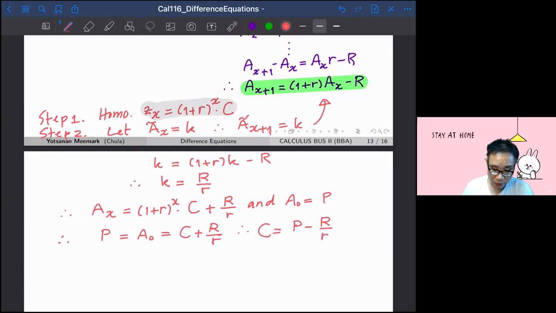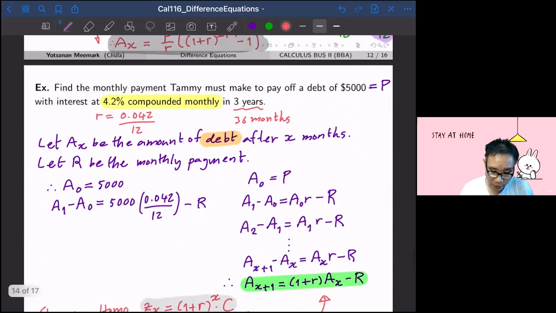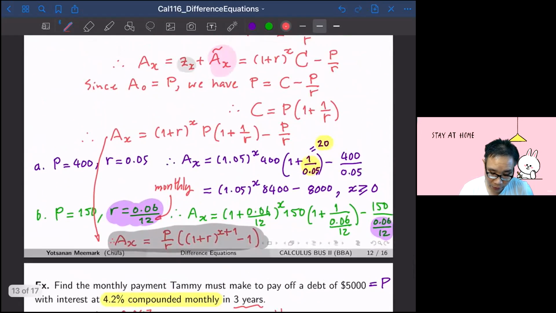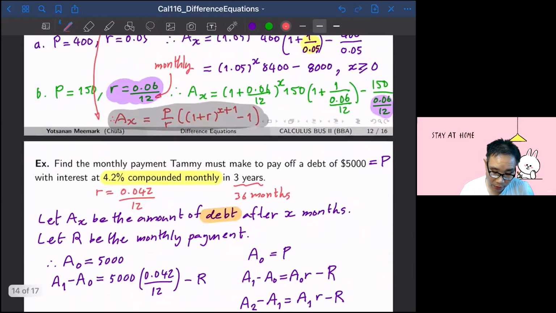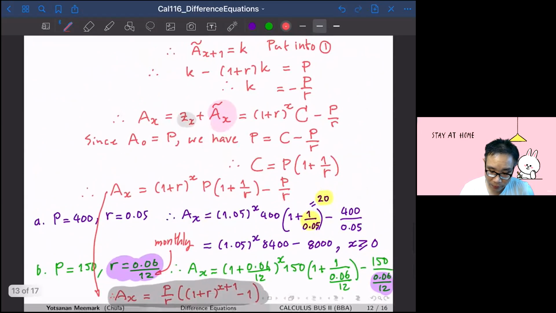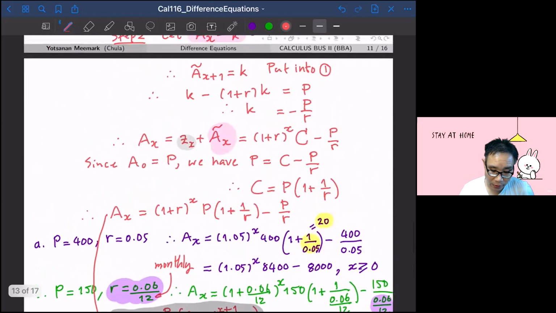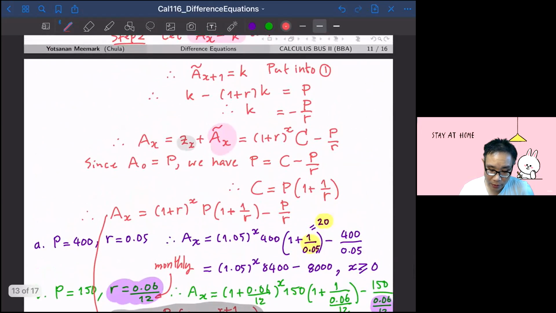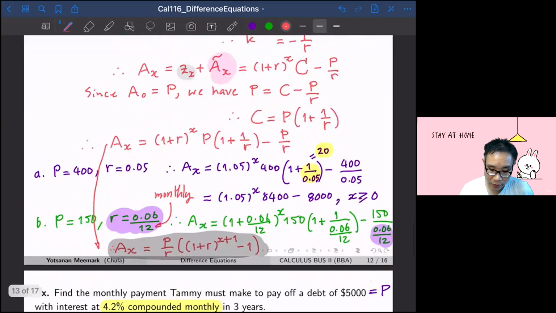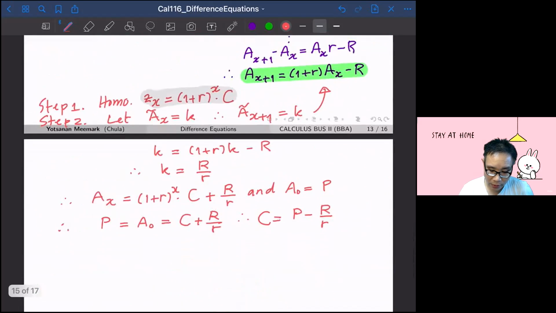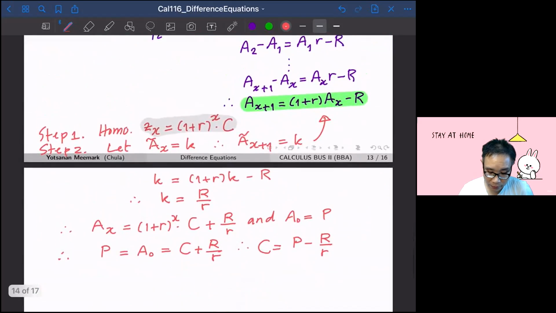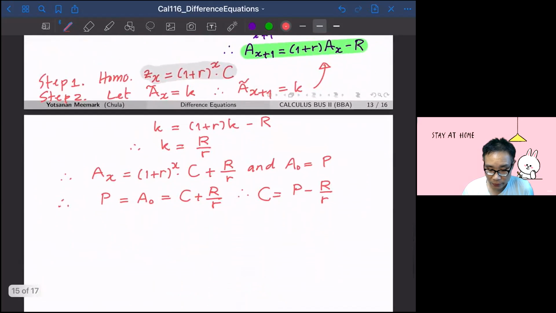That will be what we have when you solve for C in the previous case. So it's going to be P. Let me have a_0 equal to P, and you have C equal to P minus R over r.